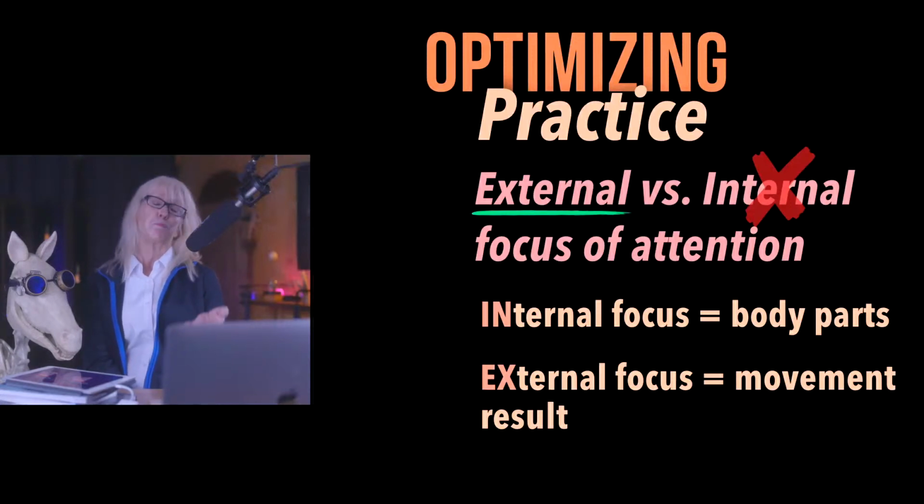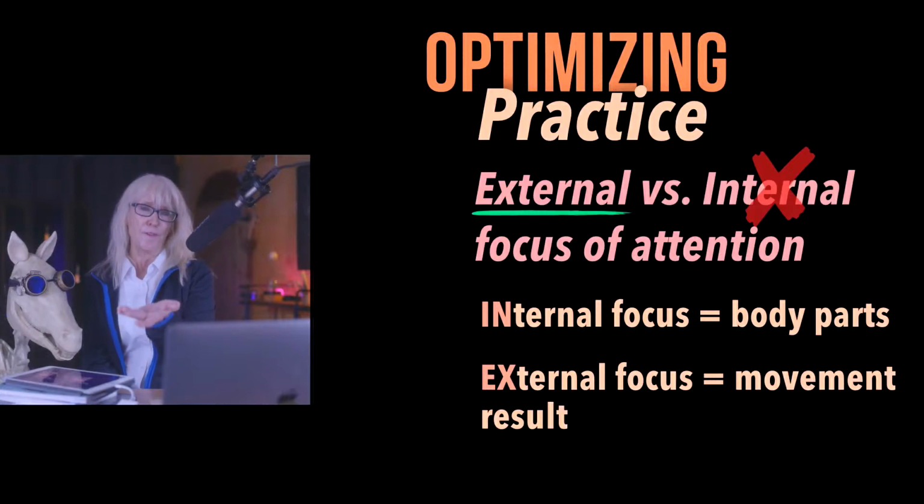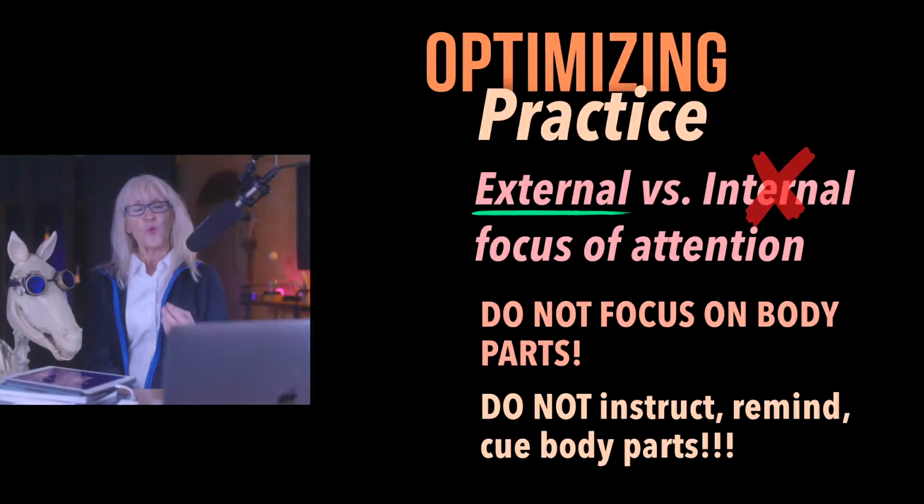the simple summary is an internal focus is a focus on the body part. What is the body part doing? An external focus is focusing on something, anything other than the body. And typically it's focusing on a result of the movement. So we don't want to be giving cues and instructions that talk directly to a body part.